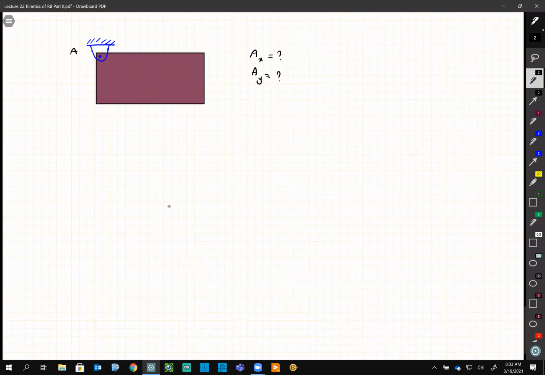We want to find out AX and AY when we release it. So in fact, this is exactly similar to what you've seen now, and you don't need to solve it for theta because the question is asked just at release.